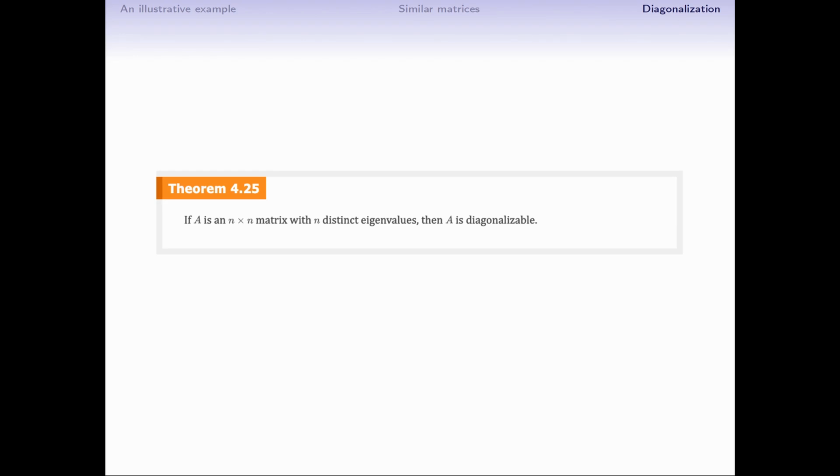But what happens if A is a 4x4 matrix and it only has 3 distinct eigenvalues, or 2 distinct eigenvalues, or possibly 1 eigenvalue? What do we do in that case? Theorem 4.25 will not cover that scenario. Now, in these cases where the number of distinct eigenvalues is coming up short of the number of rows or the number of columns of the matrix, some extra analysis is required.